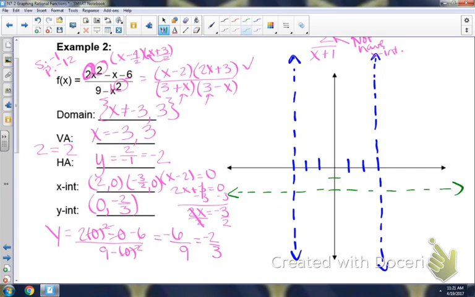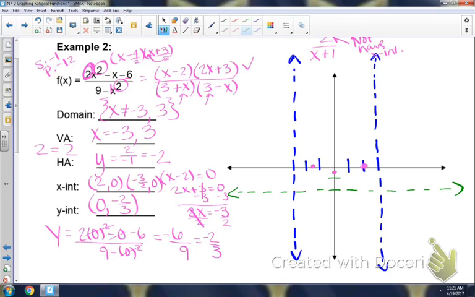Your x-intercepts, we have two of them, (2, 0), and negative 3 over 2, which would be negative 1.5, so in between negative 1 and negative 2. The y-intercept is (0, negative 2/3).